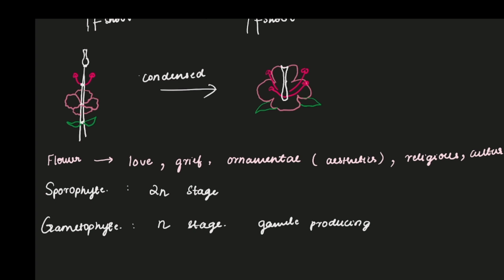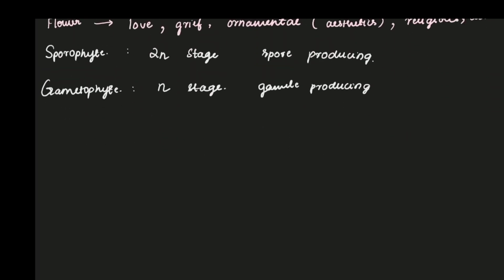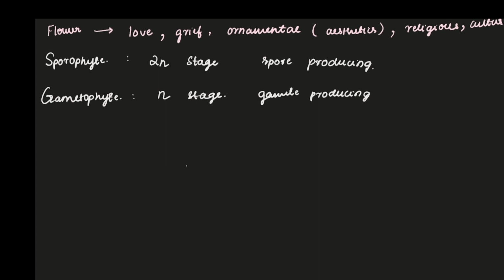And sporophyte is the spore producing stage. I'm sure we've learned this in 11th, but if you're still unsure, let me give you the diagrammatic representation. So let's put 2n in here. 2n is the sporophytic stage.